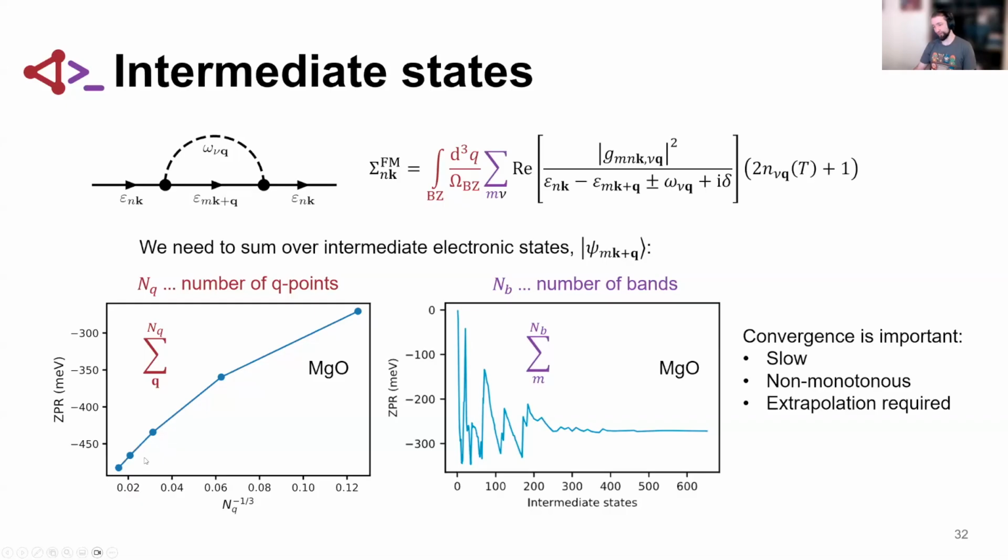Hopefully you're able to see here that as you approach this axis, you will get into a regime where the points behave linearly. So if you increase the q points even further, you will not deviate from this line and you can extrapolate the results. Once you notice, okay, this looks linear, you can extrapolate towards infinity and then get your final ZPR result, your final renormalization value. But you have to do this diligently.